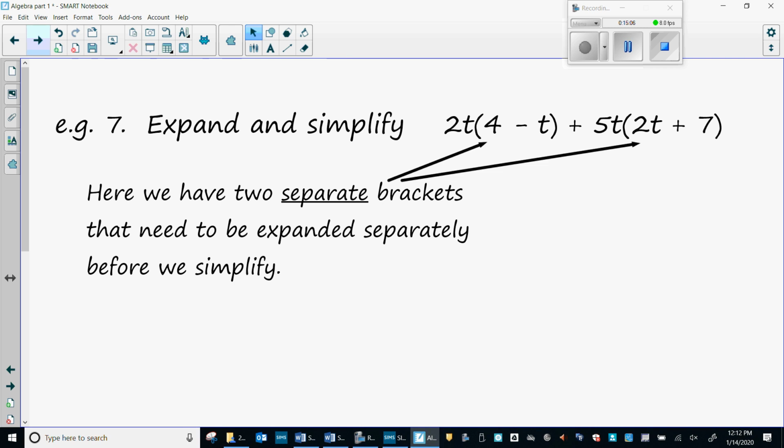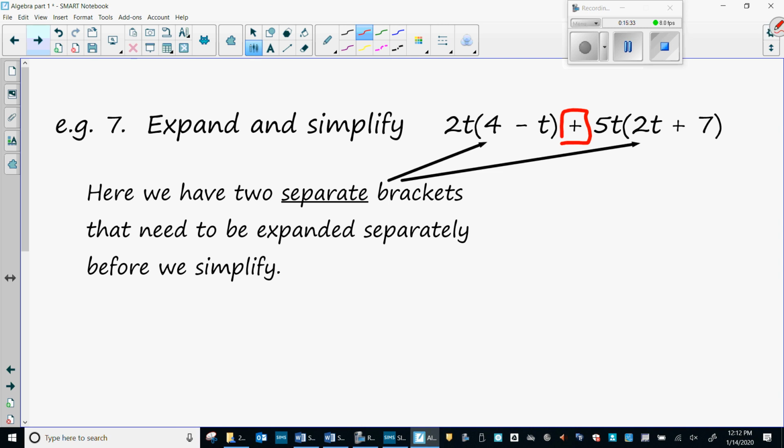So expand and simplify this. Now, these are the ones that loads of people go, oh, there's two brackets, foil, I can do that. But you do not use foil for this because there is this thing in between. Okay, so that big plus sign tells me that the two brackets are not touching each other.